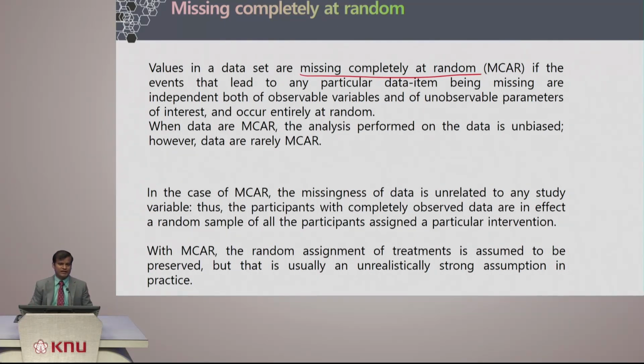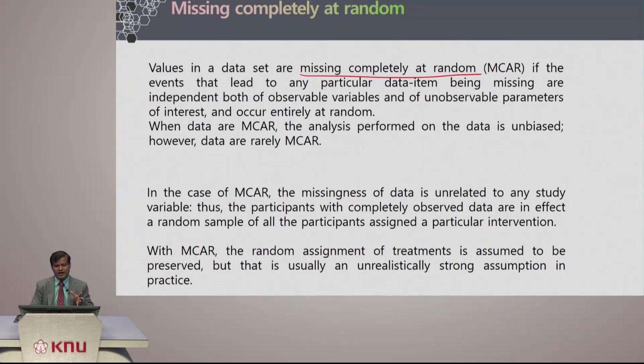If the events that lead to any particular data item being missing are independent both of observable variables and of unobserved parameters of interest, and occur entirely at random, then we call that missing completely at random. When the data are MCAR, the analysis performed on the data is unbiased.